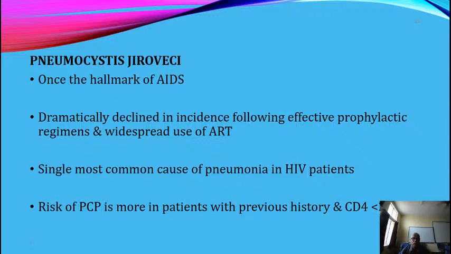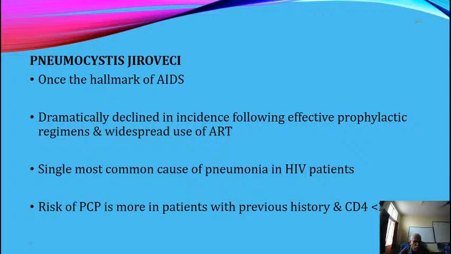Previously, when there were no proper guidelines, we used to lose many patients because they were going into IRIS. If you give a simple drug, trimethoprim sulfamethoxazole, the patient is unlikely to go into IRIS with Pneumocystis jirovecii.